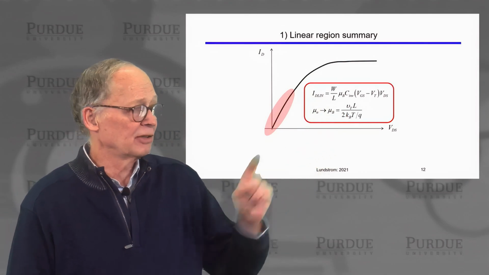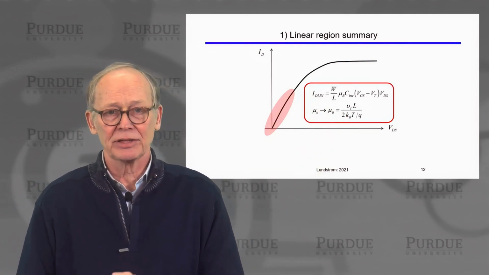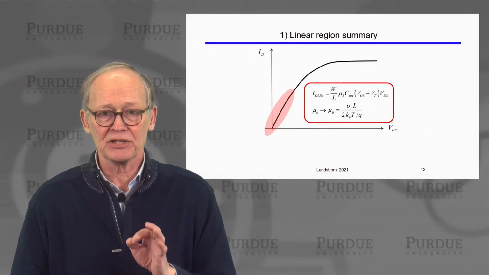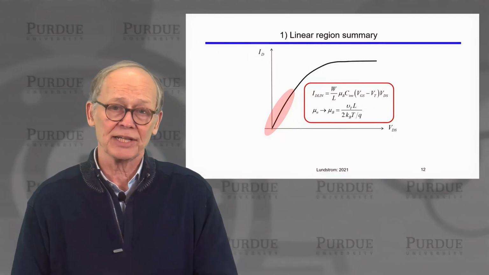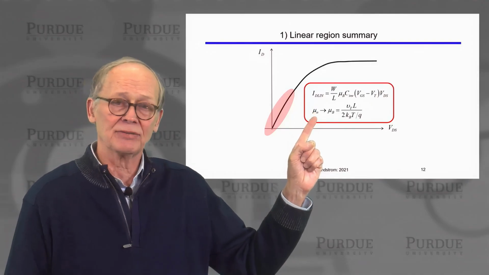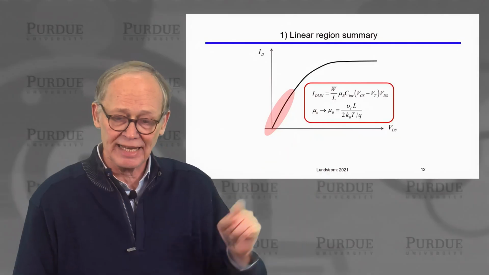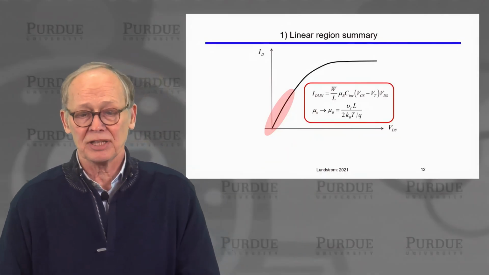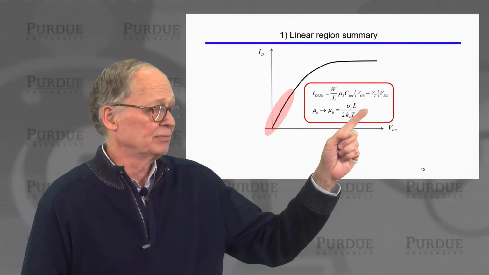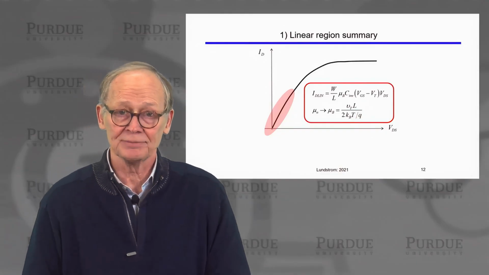We could write our linear region current just like the traditional current expression for the linear region of a MOSFET with only one change. We have to replace the mobility of a bulk semiconductor or long channel MOSFET with the ballistic mobility. And we have a simple expression that tells us how to compute that ballistic mobility.